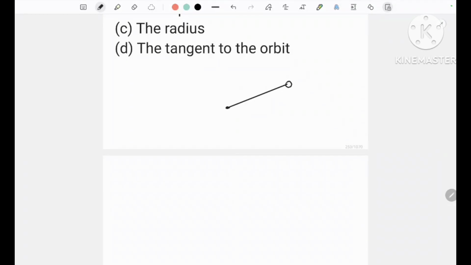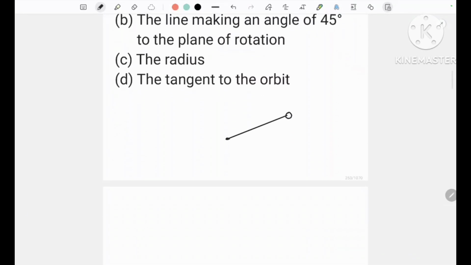A mass is rotating about this fixed point O. This length is r, speed is v.